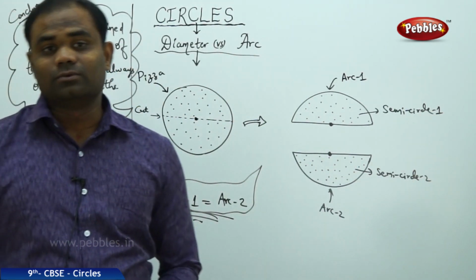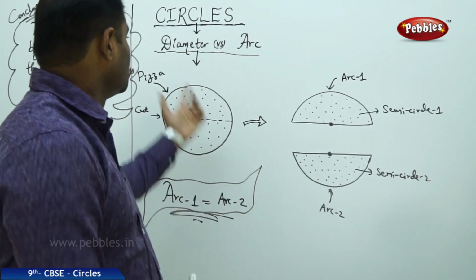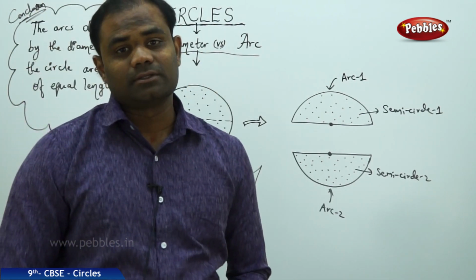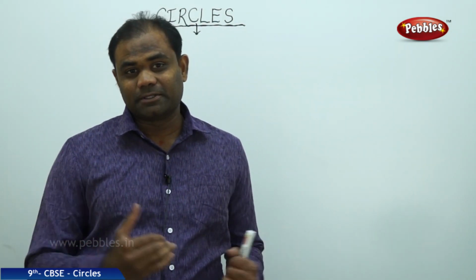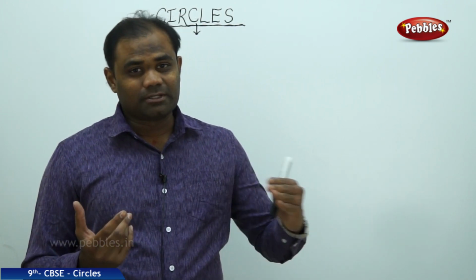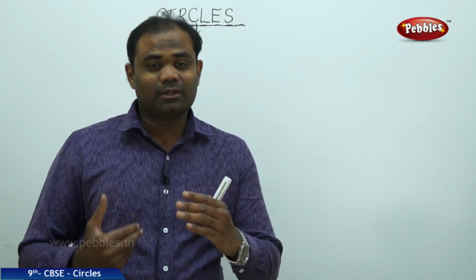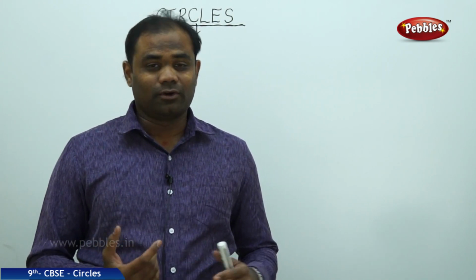Is how we conclude the diameter connected with the arc. Now that we have discussed a special case of the diameter and the circle with its arc, a diameter defines equal lengths of arcs for a given circle, is what we have concluded.